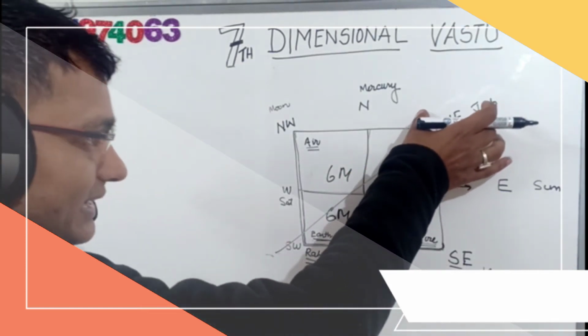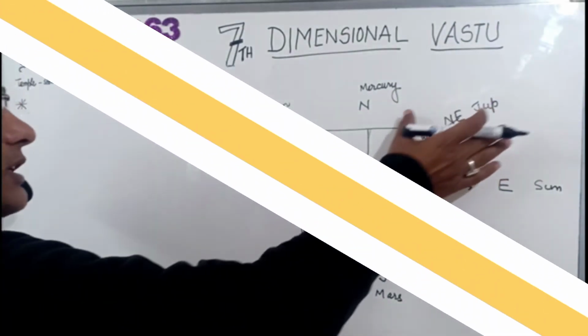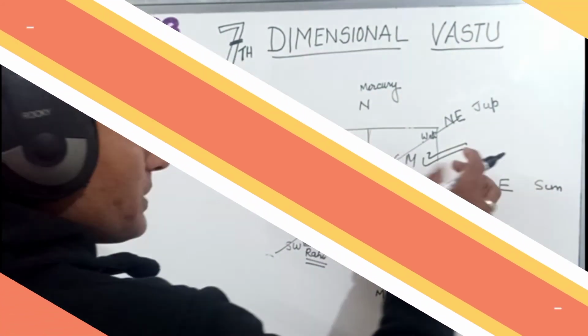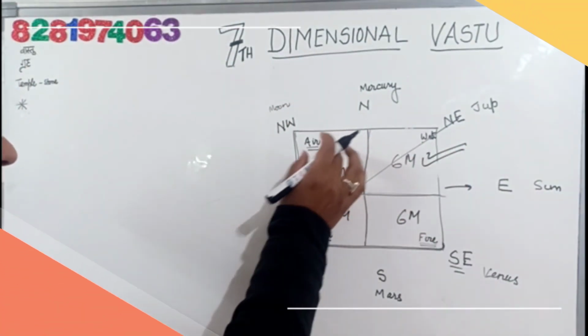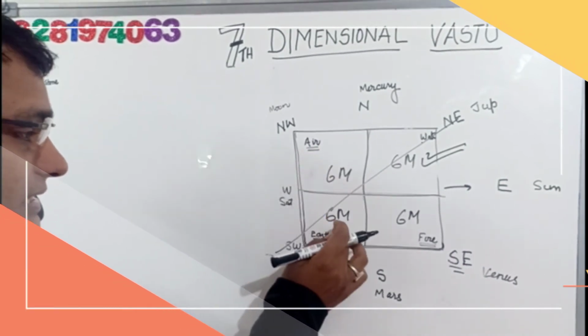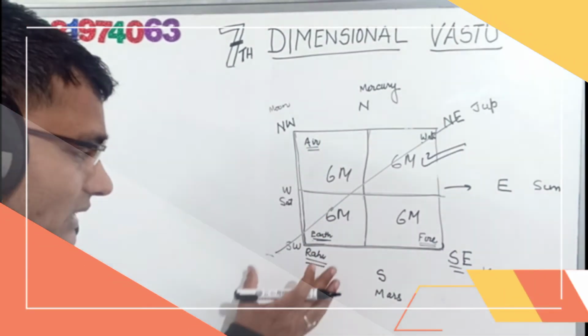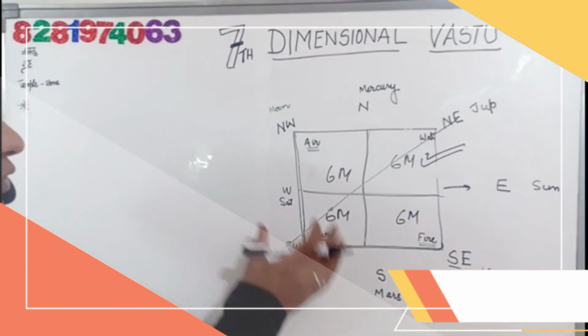So it is spirituality, it is Ketu, it is Jupiter. A person who is already in spirituality can live here. This will be the best location. Air is business. This is the earth element.